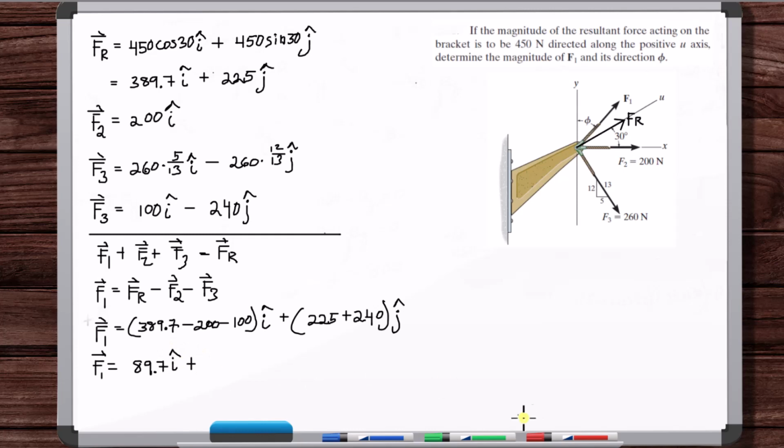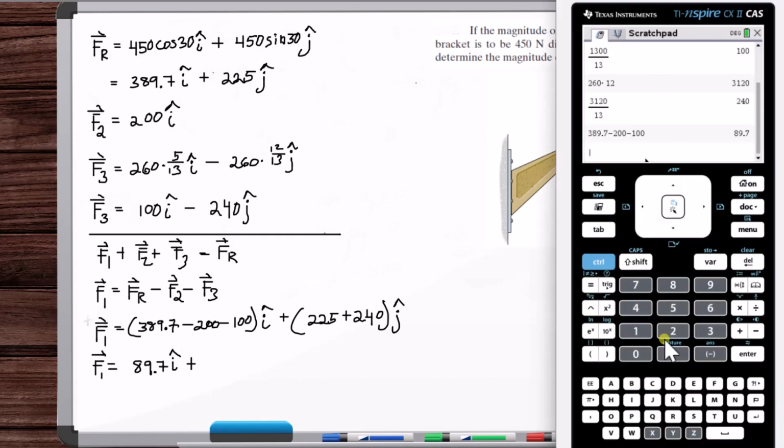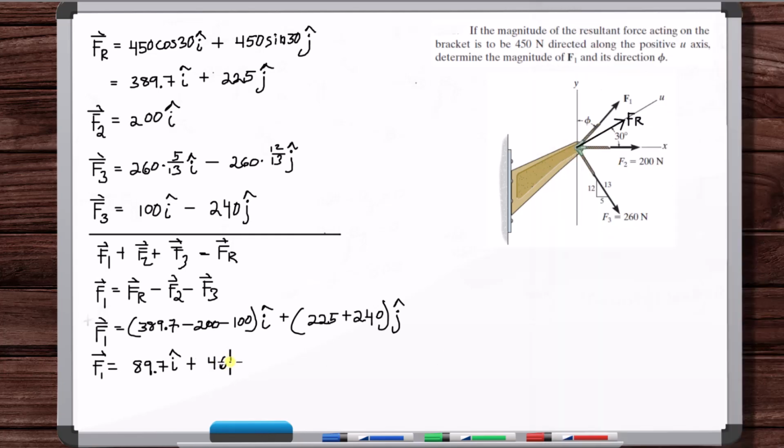All right, now 225 plus 240, which is 465. That's F1. It's in the positive i and positive j.